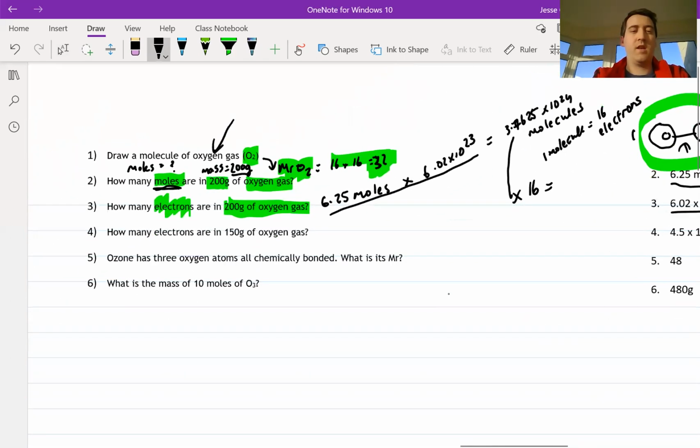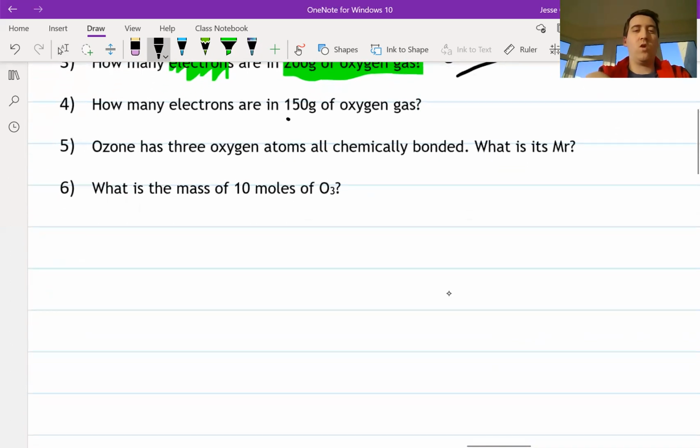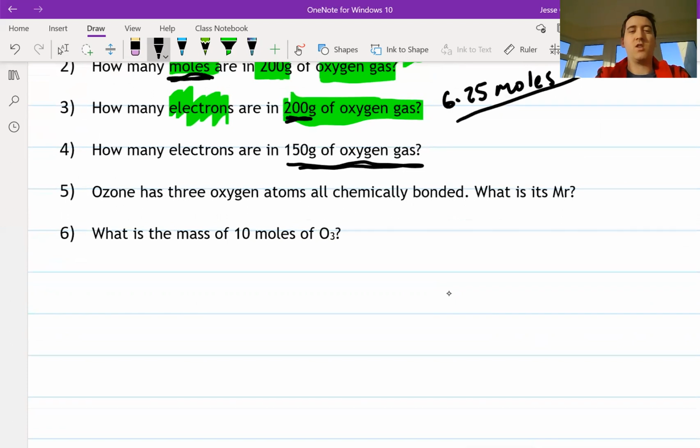Good job. How many electrons would there be in 150 grams of oxygen gas? So now the amount of oxygen is less. Have a go at that one. Work that one out.